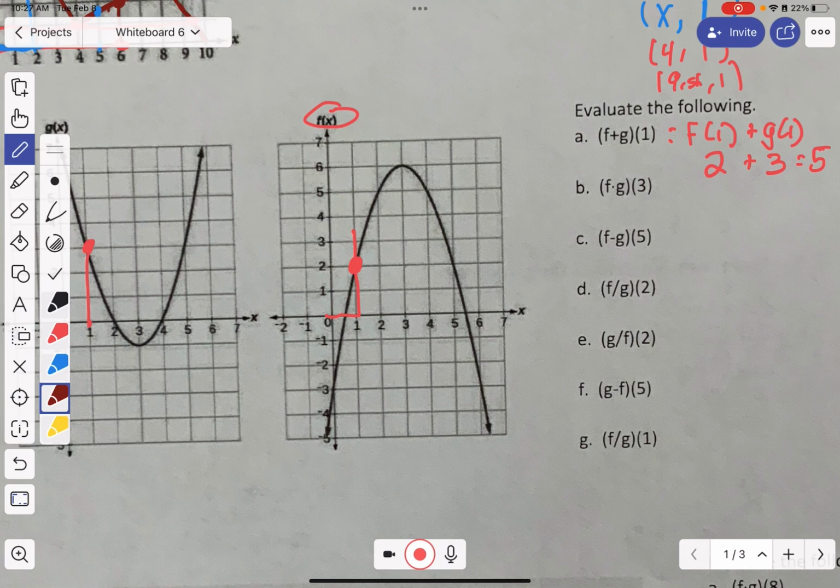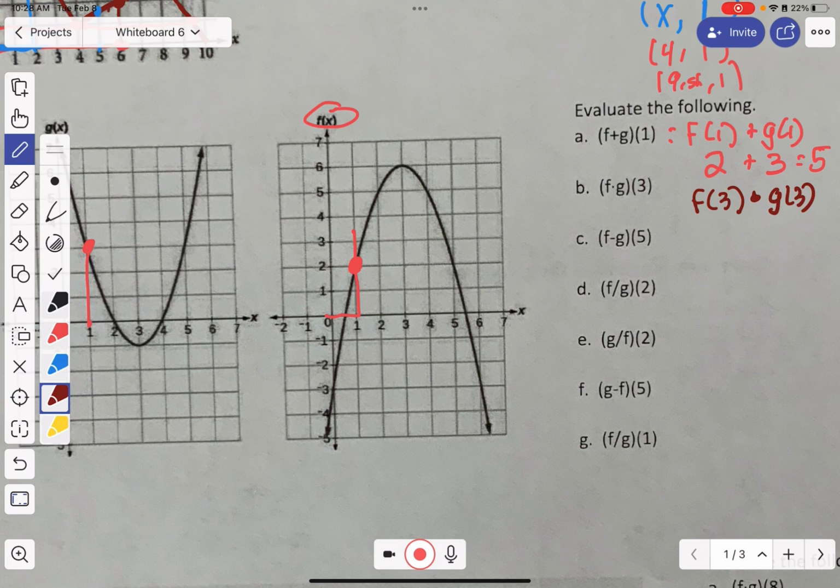So the second question, or part B, says find f times g of 3. That means we're going to take f of 3 and multiply to that g of 3. So go ahead and do that.